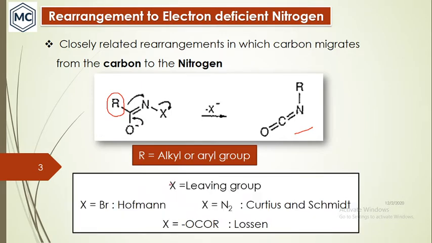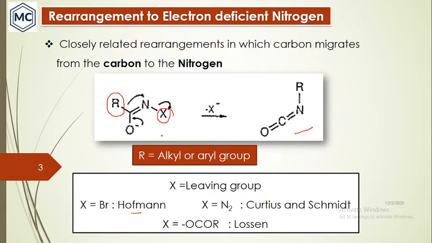In all four reactions, the only difference is the leaving group X, which is different in each case. For example, if X is bromine, it is called the Hofmann rearrangement. If X is N triple bond N, it is called the Curtius and Schmidt.